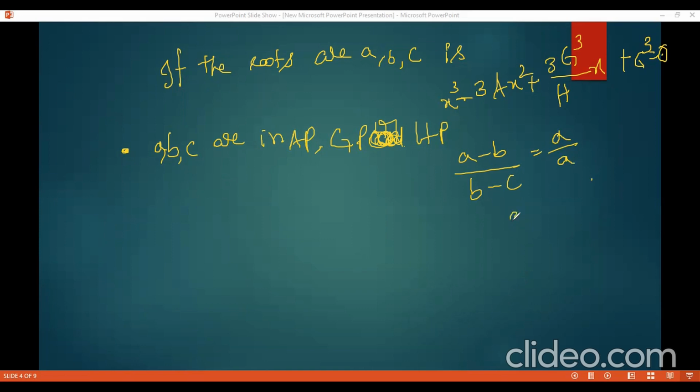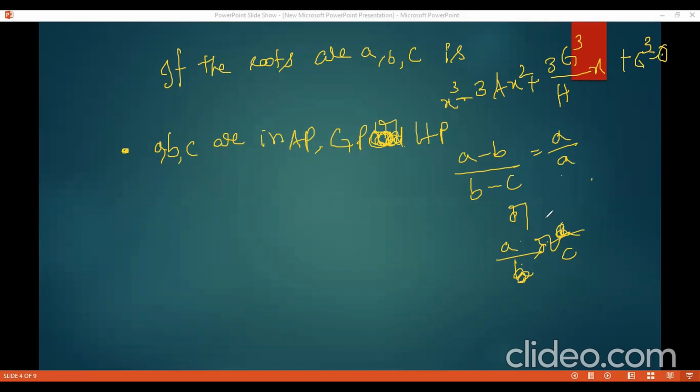Or we can write A by A, or A by B, or A by C.